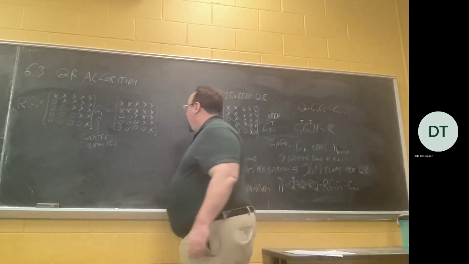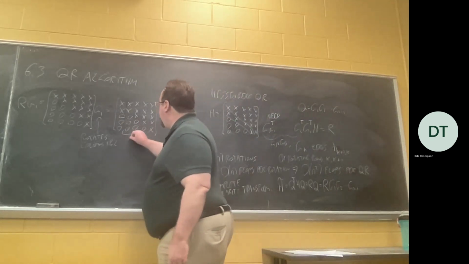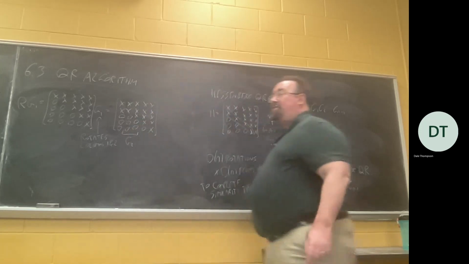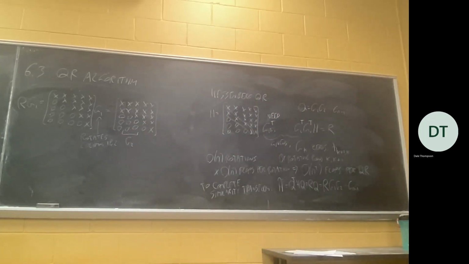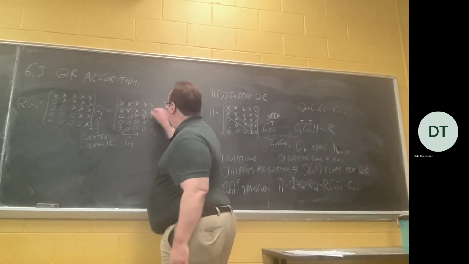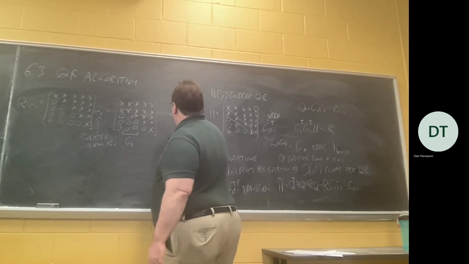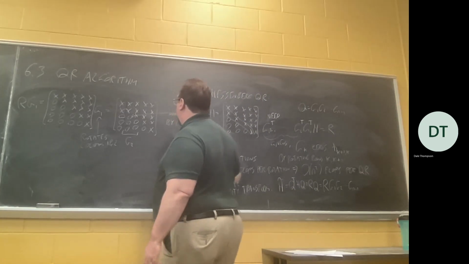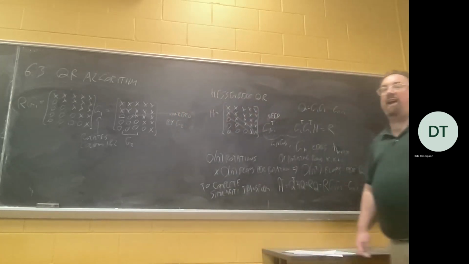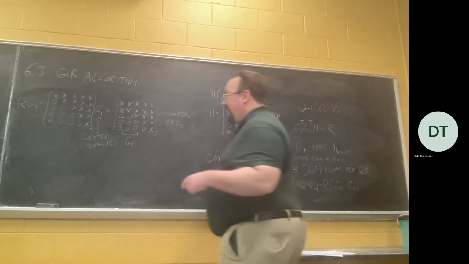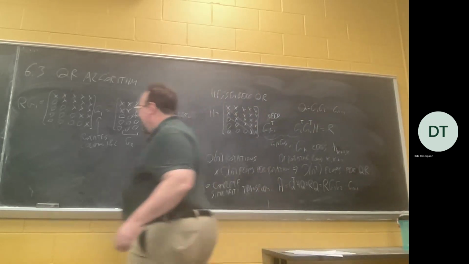So then I apply G2 to the next two, the second and third columns. And that will cause that entry that I just pointed to to be made non-zero by G2, but that's okay.